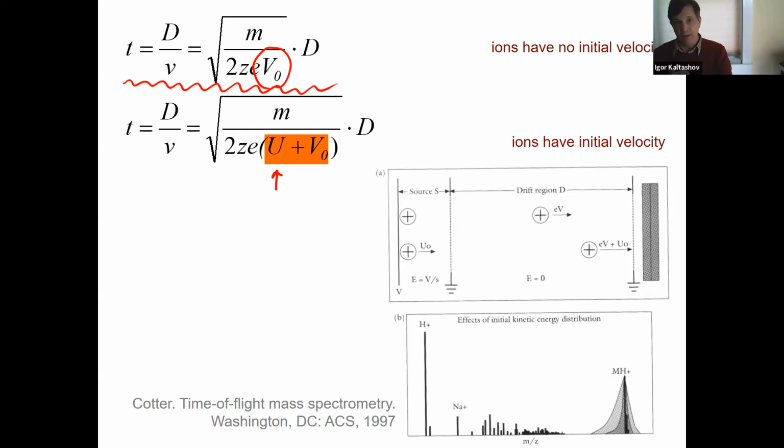That would result in a spread. Ions, as you see here, having the same mass and same charge would have different arrival times. This ion that had initial velocity would arrive at the detector sooner, right? So to you, it would appear as if it were an ion with a slightly lower M/Z ratio. So how do we deal with that?